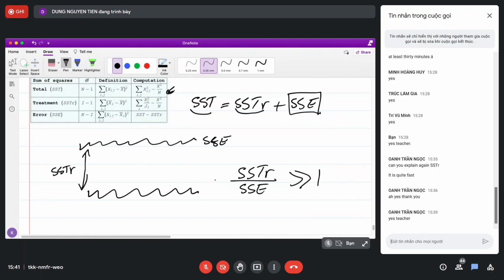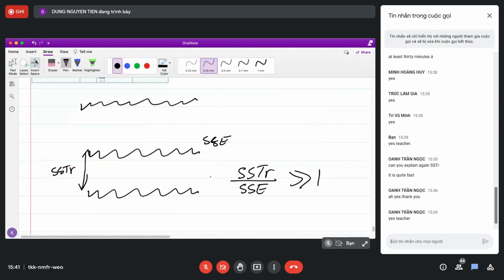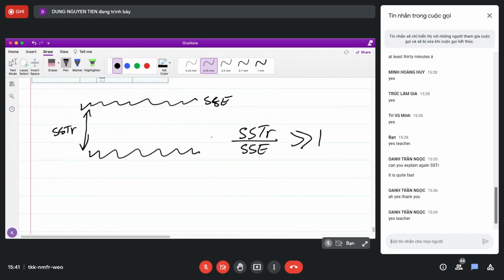Okay, so in order to know whether this is big or small, I need to know the distribution of this ratio. And in order to get the distribution, I should divide the numerator and the denominator by the corresponding degrees of freedom. So you divide the SSTR by its degree of freedom, and you also divide the sum of squares for error by the degree of freedom for SSE.